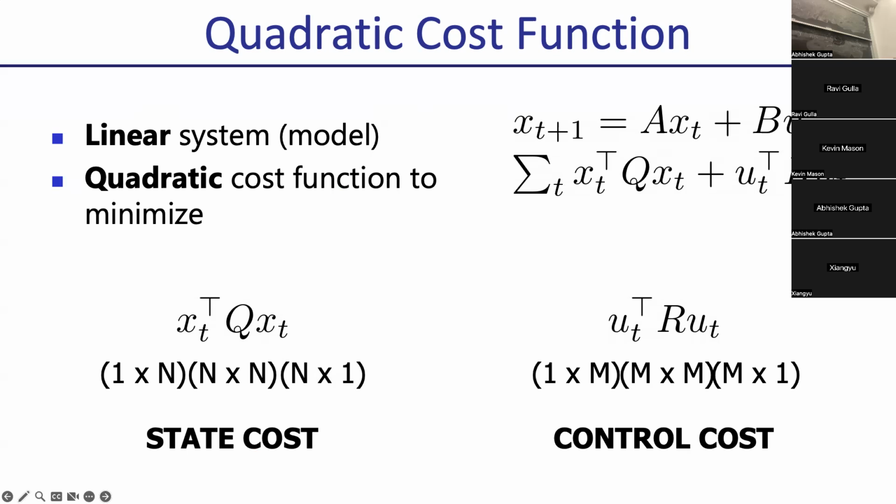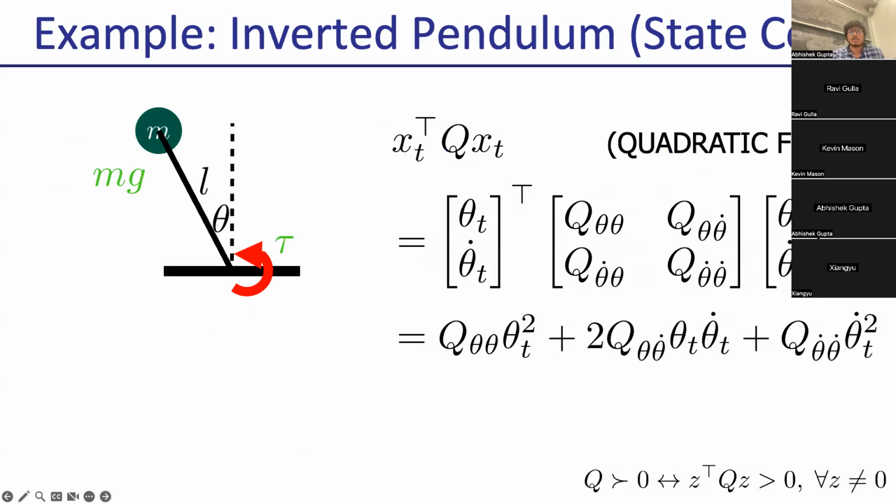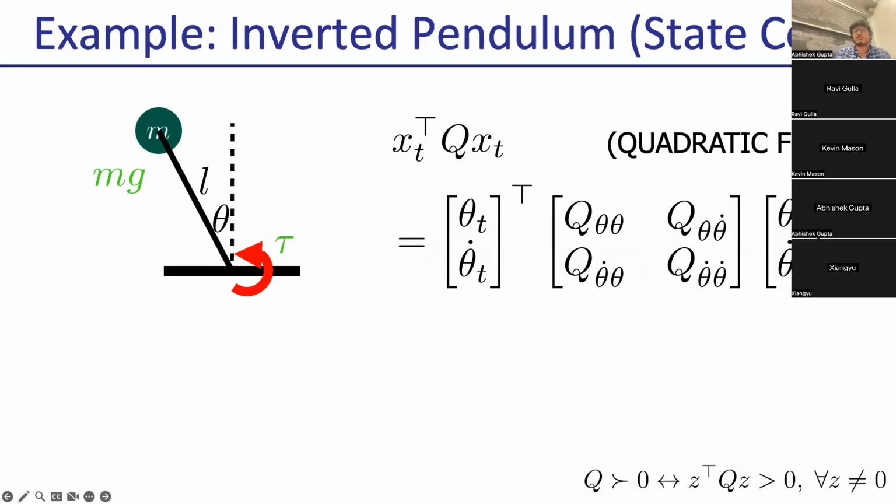Right? And the way you can think about it is that the coefficients in Q and R are going to decide which elements of the state are important. So imagine that we had a cost that looks like this for our choice of state in our inverted pendulum. Your state is theta, theta dot, right?